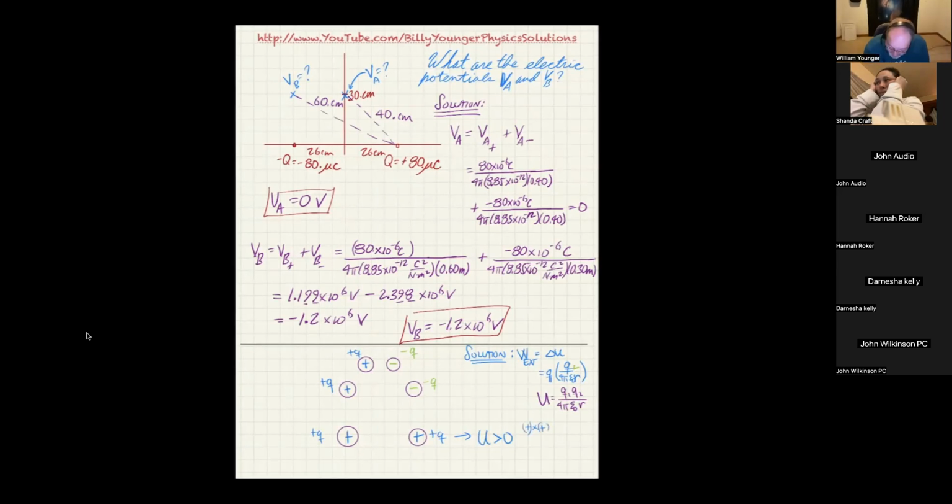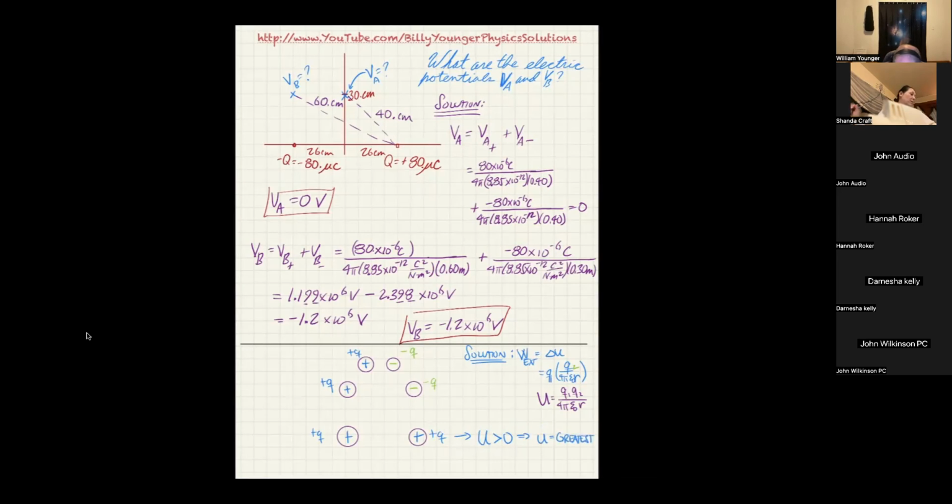And that's in fact going to be the only one that will have a positive potential energy. So the potential energy is positive, and this also implies this is the greatest potential energy of the three.